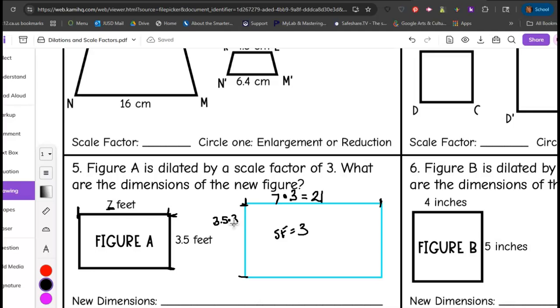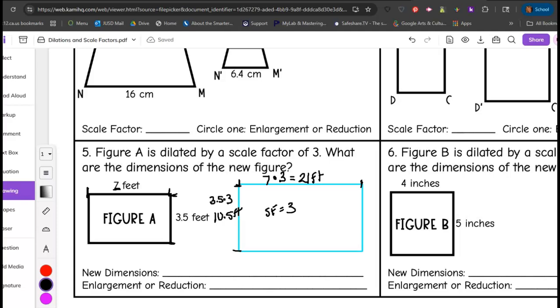And if I do 3.5 times 3, I end up with 10.5. And this is feet. And this is feet. Okay, so now it says, what are my new dimensions? My new dimensions are 21 feet by 10.5 feet. And was it an enlargement or a reduction? Well, I went from 7 to 21, so it's an enlargement.